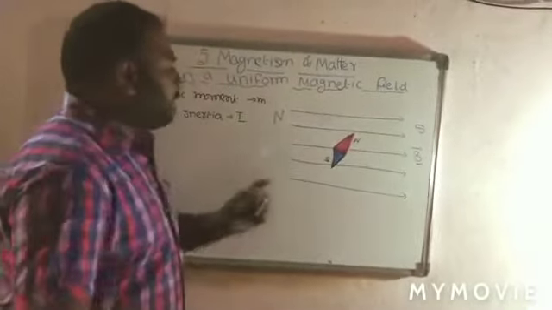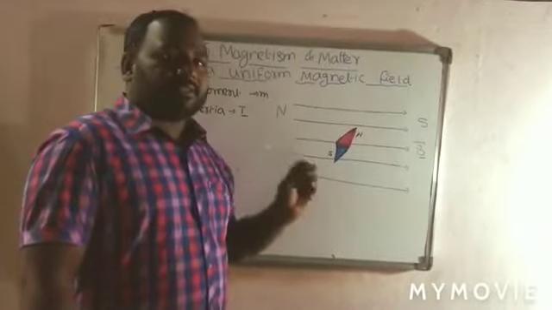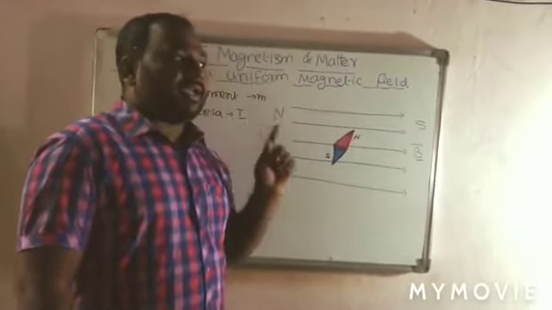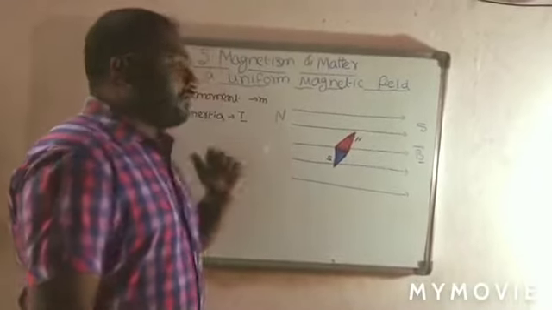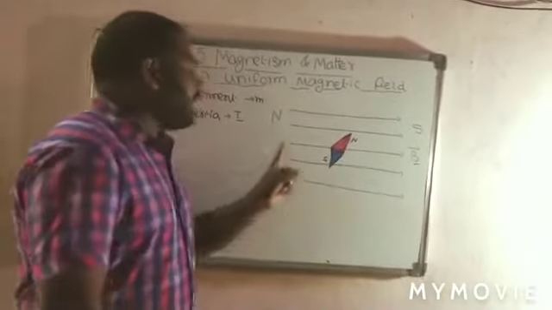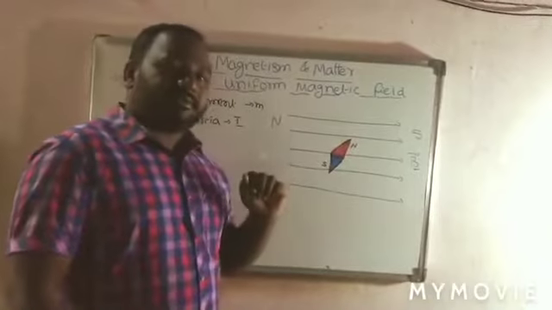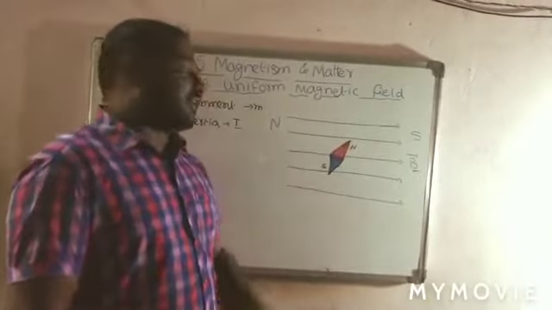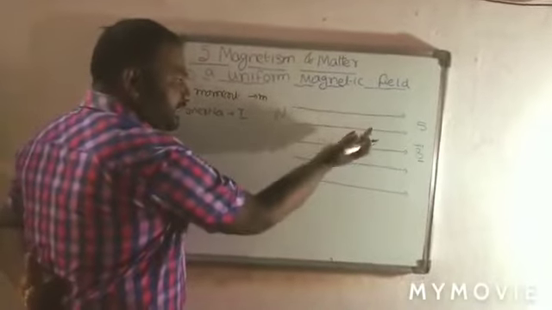Now here, whenever a dipole is placed in a magnetic field, first you should remember that when an electric dipole is placed in an electric field, what happens? It experiences a torque. In a similar way, when a magnetic dipole is placed in a magnetic field, it also experiences a torque. Due to that torque, this dipole has certain oscillations.